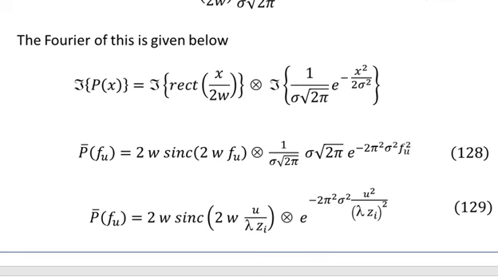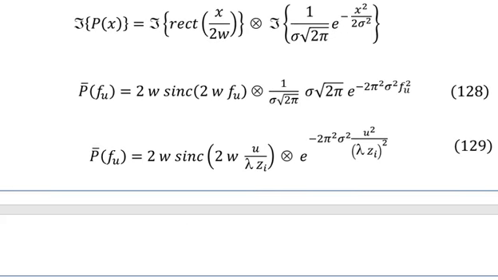And you know that on the left hand side we have shown p bar. P bar means that it is not the pupil function, but it is the Fourier transform of the pupil function as a function of fu, and fu is the Fourier frequency. Now in equation number 129 what we are going to do is represent fu in terms of spatial coordinates.